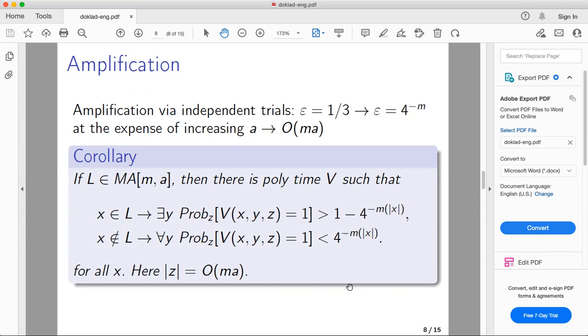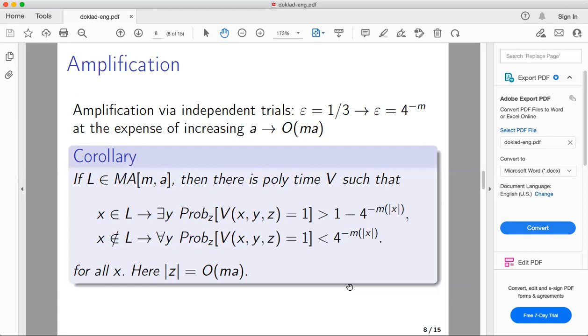We take order m different z's, all of them independent of each other. And then we take the majority vote. We accept the proof if it is accepted in more than 1/2 of the trials. And by Chernoff bounds, the probability of error tends to 0 with exponential rate as m tends to infinity.